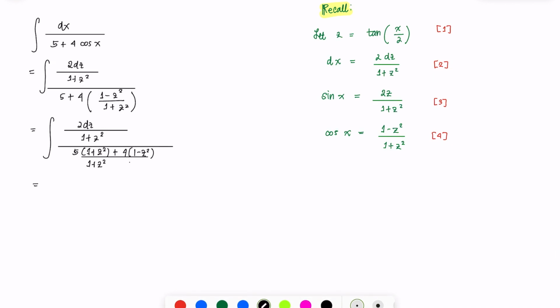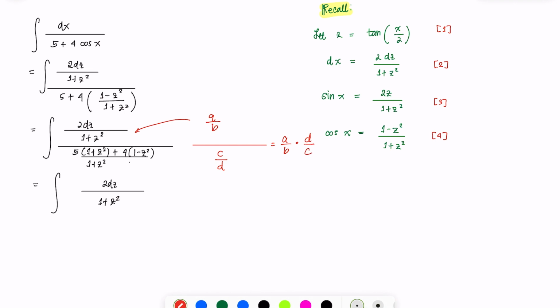Now we're going to simplify this further. Actually, the messy part is the simplification part. If you have a over b, and you divide that by some fraction c over d, you can still recall that that will just be equal to a over b multiplied by the reciprocal of the denominator, or d over c.